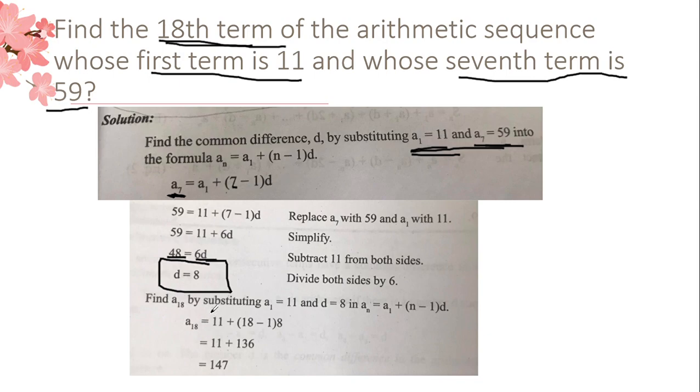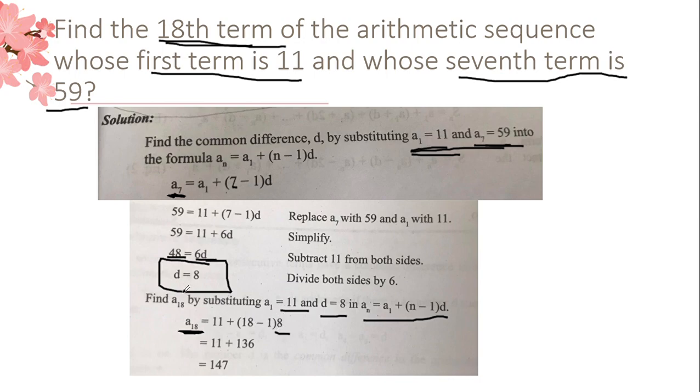Find for the 18th by substituting a sub 1 is equal to 11 and d is equal to 8 sa ato formula na arithmetic sequence. We have here, our first term is 11, and then ang ato na n kay 18 na, kay we are looking naman for the 18th term, and then minus 1 times our common difference is 8.